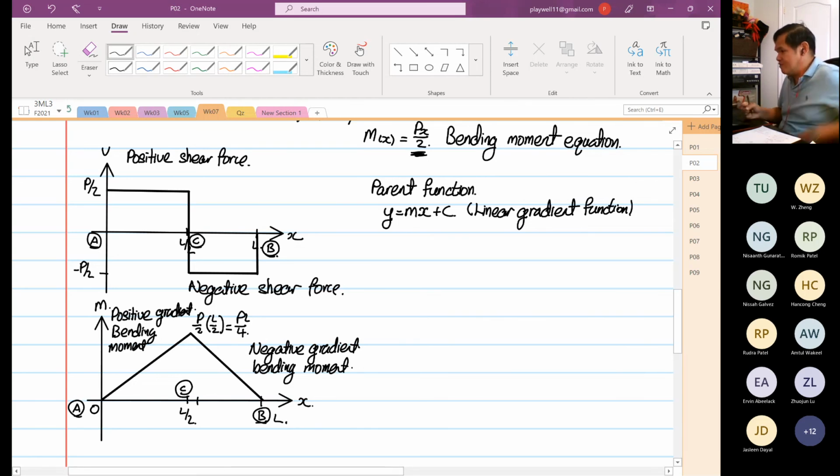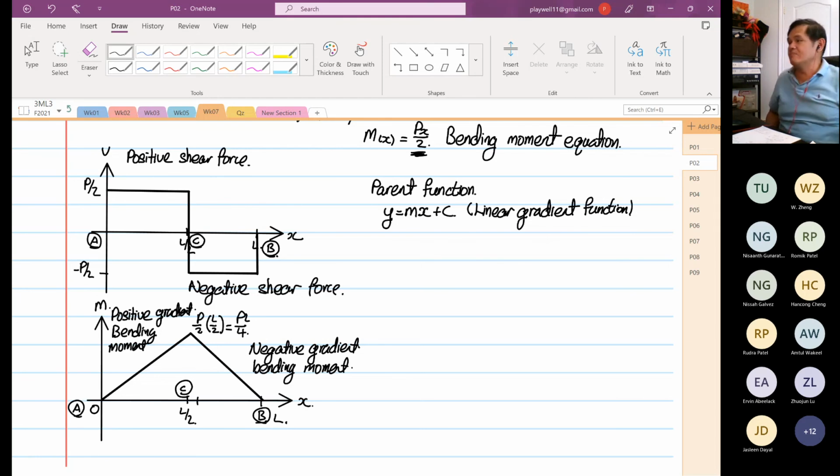Can anyone tell me what is similar, which will help you later on in constructing your shear force and bending moment diagram? Observe. What can you see? I hope yes. From A to C, it's positive, and C to B, it's negative.